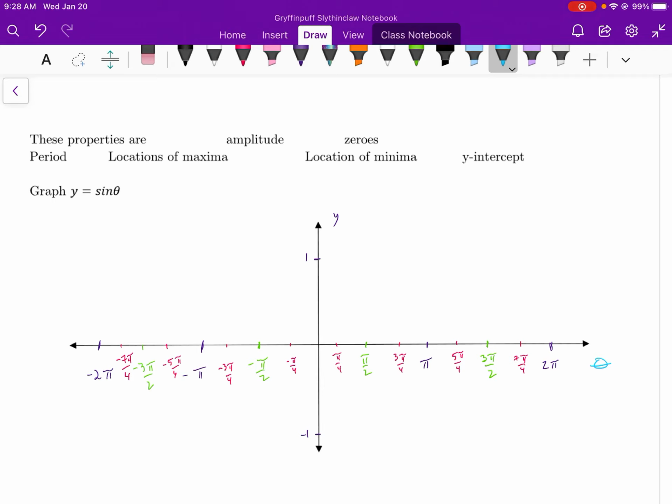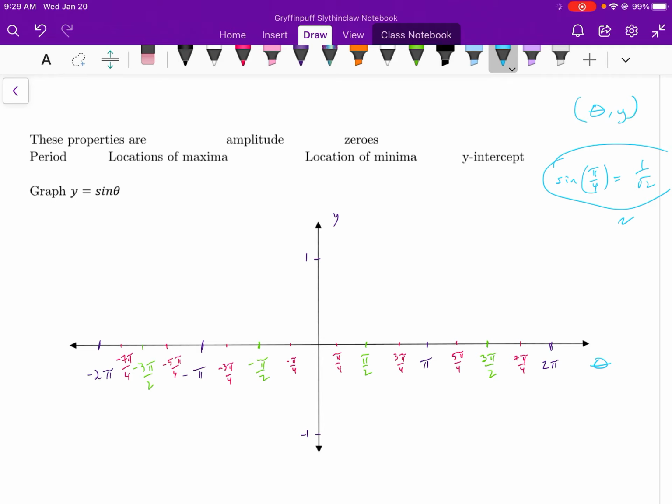Along the horizontal axis, we'll have theta. Along the y-axis, we'll have the ratio sine theta. For instance, we know the sine of pi over 4 is equal to 1 over root 2, which is approximately 0.7, so it's pretty close to 1.